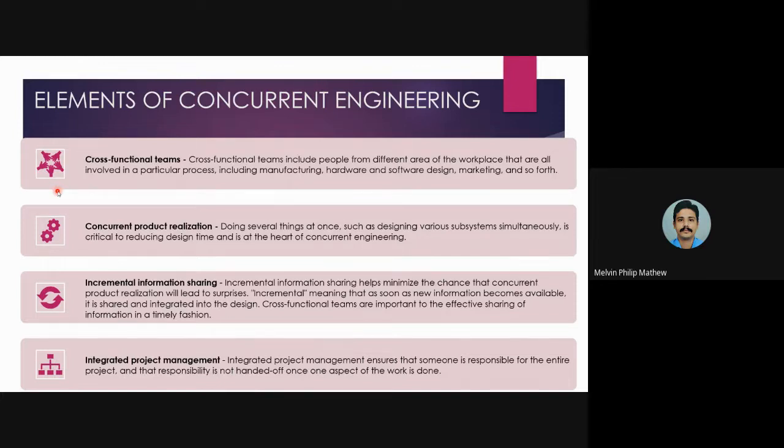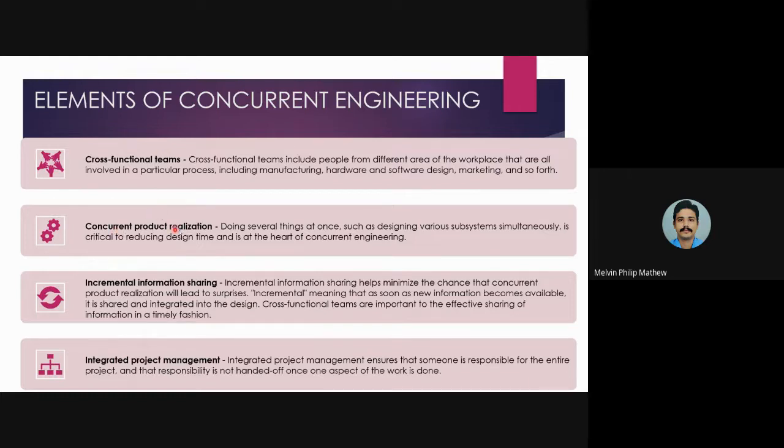It is done by increasing the number of persons working in a specialized area for faster mounting of the rocket engine. So one of the concurrent engineering elements is the cross-functional team, the personnel involved inside the particular process.